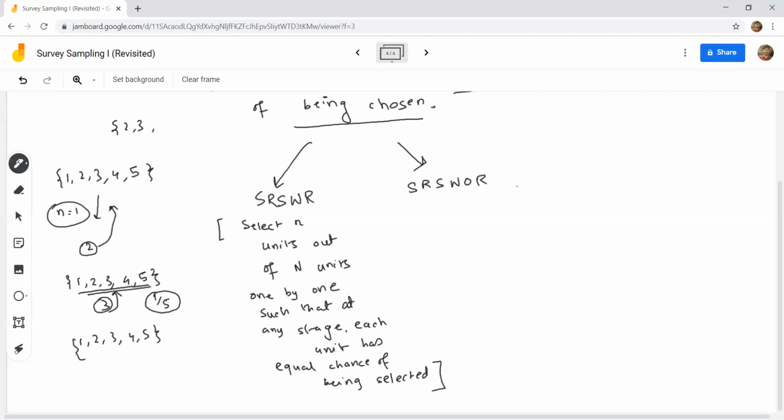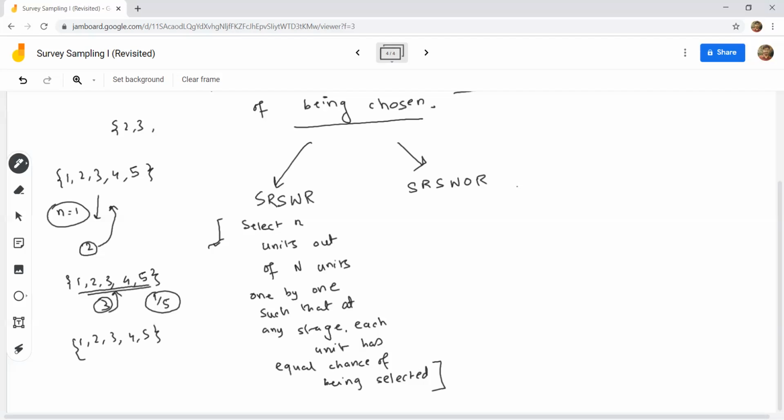So that is the thing which is written here. You are trying to choose n units out of capital N units one by one, such that at any stage each unit has equal chance of being selected. So each unit has 1 by 5 chance of being selected every time. So this is SRSWR. Is it clear?